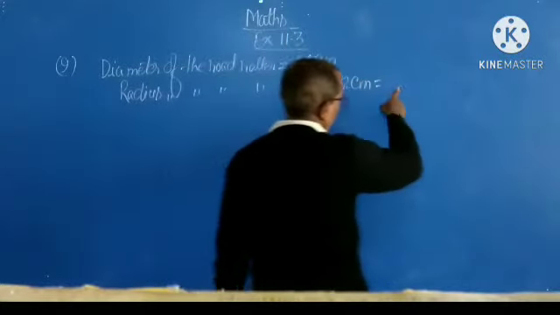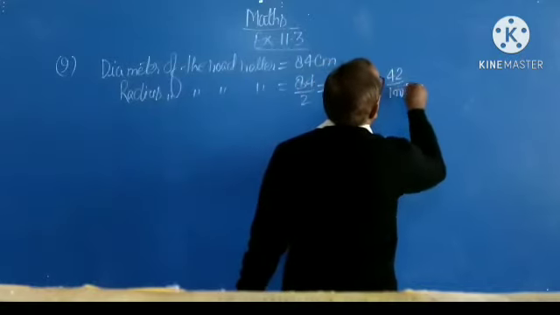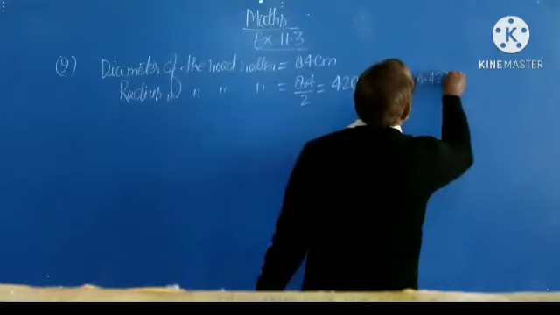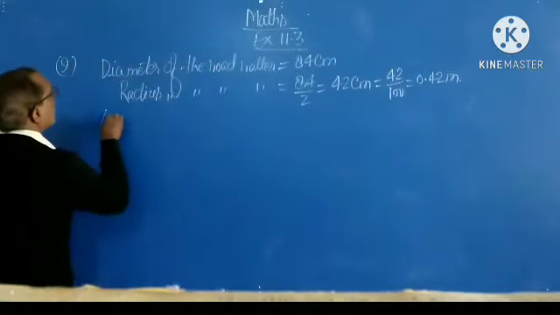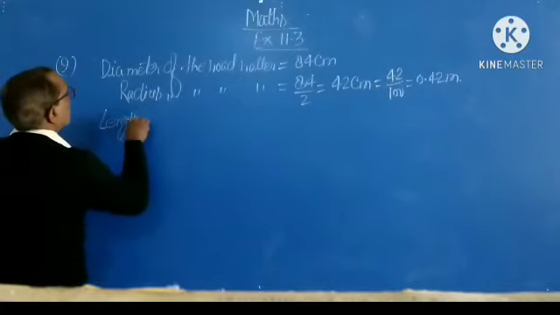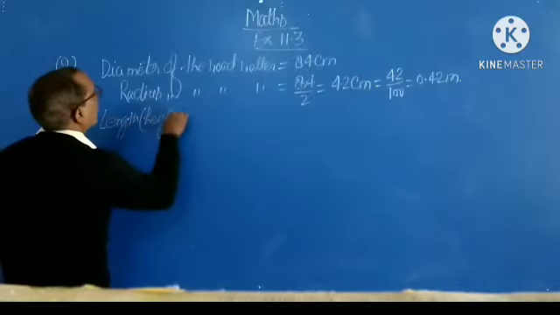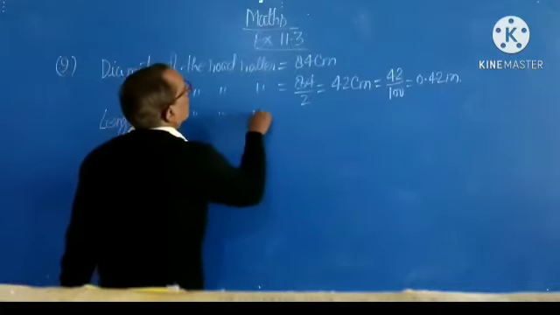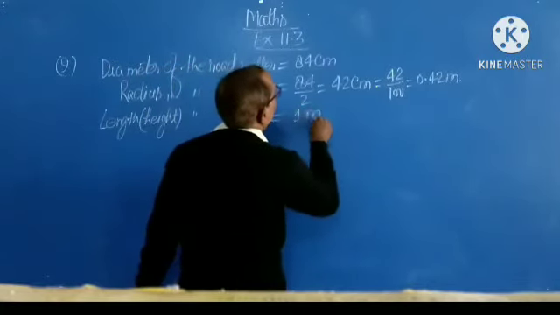When you convert this into meter, you divide it by 100, you get 0.42 meter. Then length is also equal to height of the road roller is equal to 1 meter.